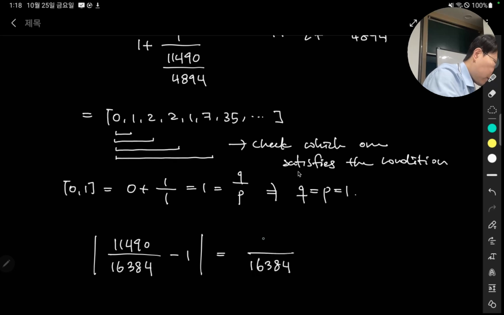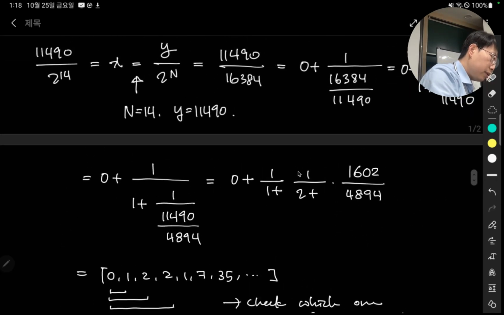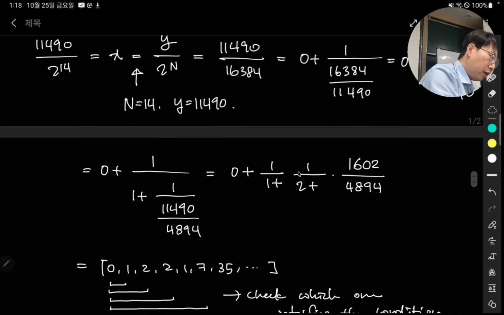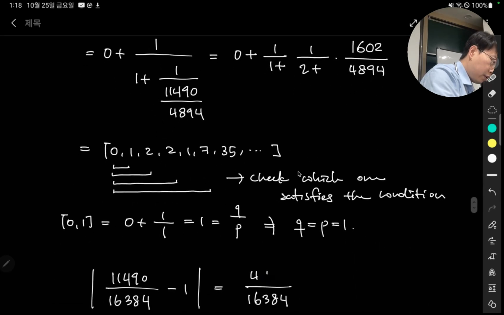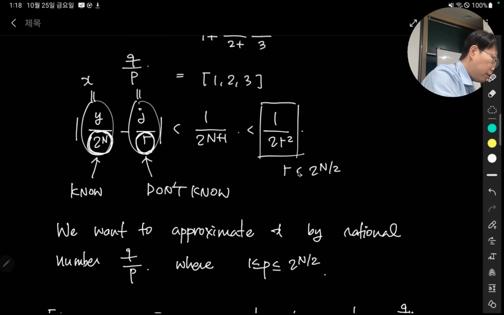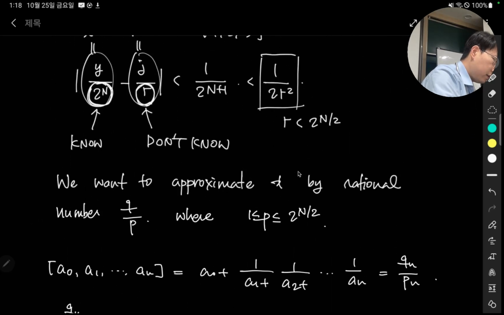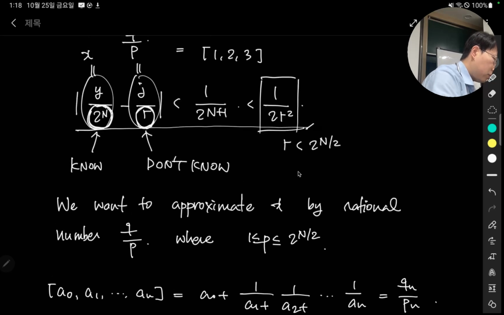If I delete this, how much was it? It's 4894, right? 4894. So I just want to make sure whether it satisfies this inequality.